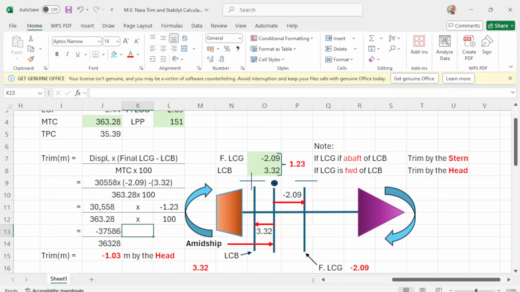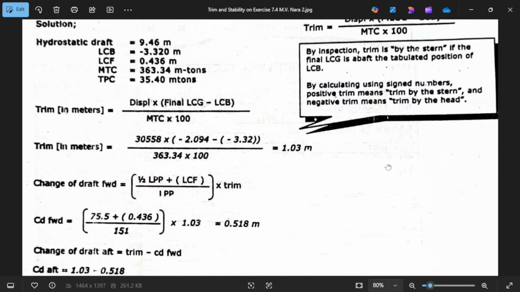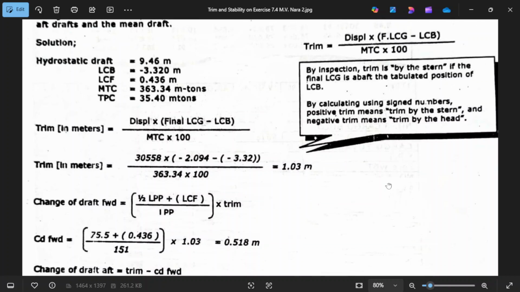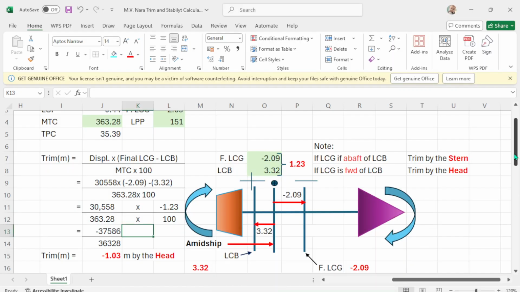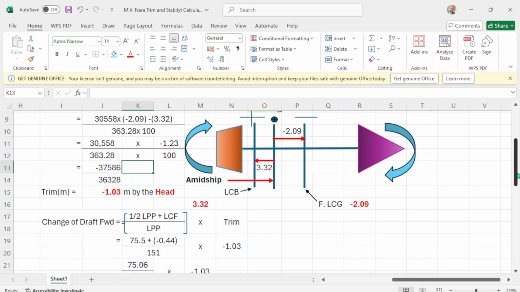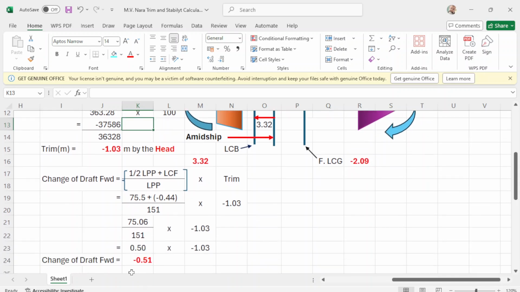Then the next, change of drop forward. His change of drop forward is 1/2 LPP plus LCF over LPP, and this answer is 0.518. I got change of drop forward is negative 0.51.